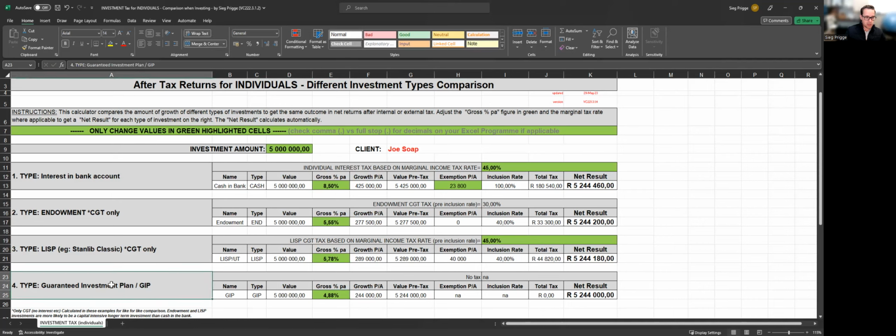But these are usually fixed returns that are usually not too high when you ask for these returns from any provider. And then, as we can see, an endowment is the second best, then a LISP or direct unit trust option, and then interest in the bank account, because you need the highest return amount for the same end result.